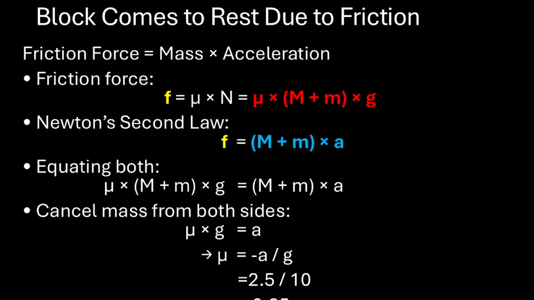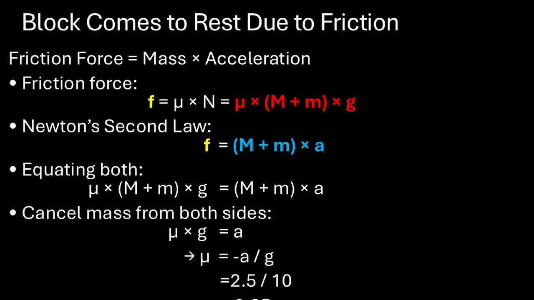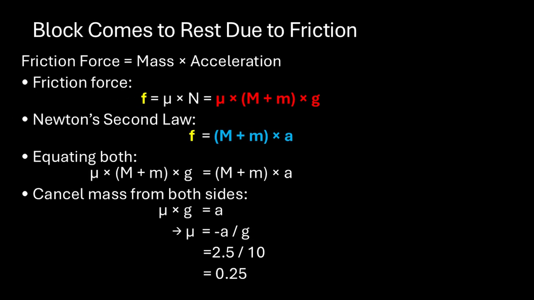Now the block here is coming to rest due to friction. This is where the free body diagram comes in. I should have added that as well. So this is the block, M plus m. The vertical forces acting here is weight, which is mass of the block plus mass of the bullet times acceleration due to gravity.